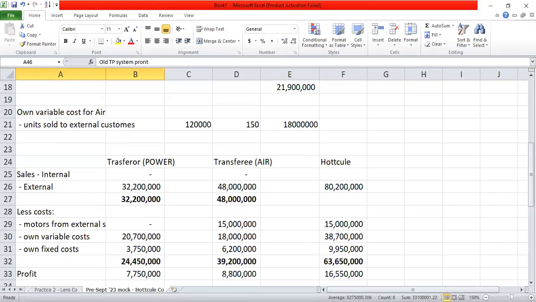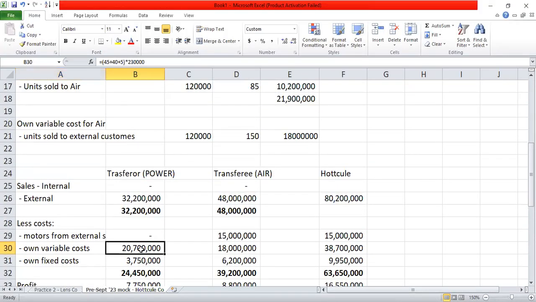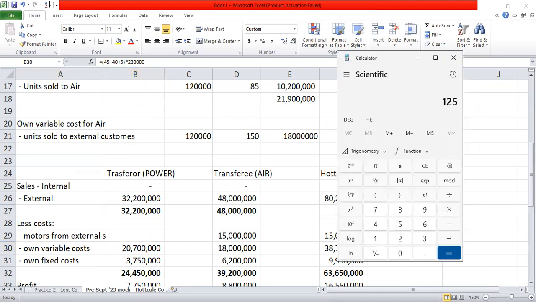Powers variable cost per unit, 45 plus 40. So if they don't sell external, they don't spend the 5. So 85. So you see, they would have been selling the extra 20,000 for 125 and spend variable cost of 85 and be left with $40 on the extra 20,000 units.